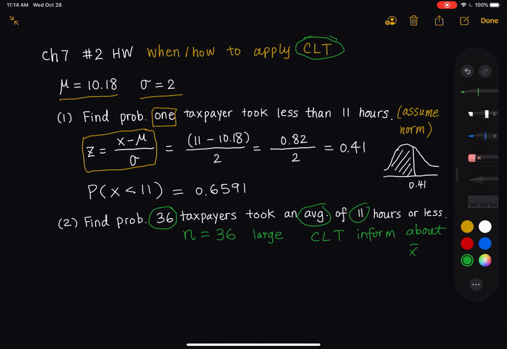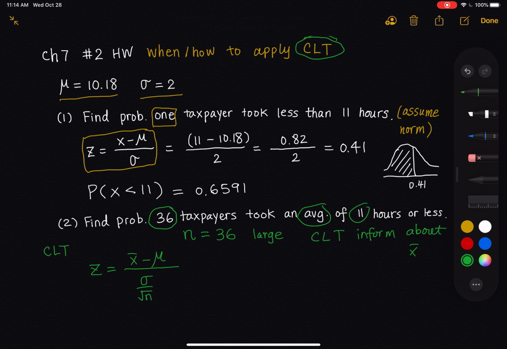So you will need to apply this formula: z equals x bar minus mu divided by sigma over square root of n. This is because of the central limit theorem.